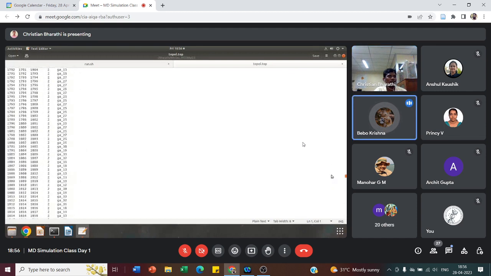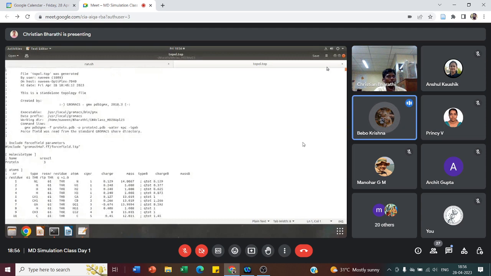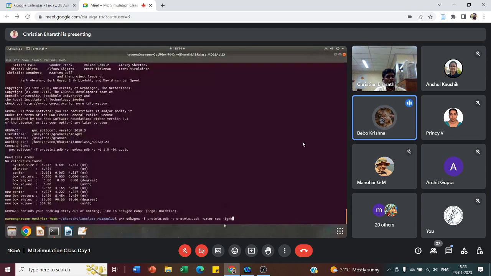Sir, this first command will remove water from the protein file, and what is this SPC minus ignh? I am copying and pasting. I want to know why I am doing this and what this will do to my protein structure.